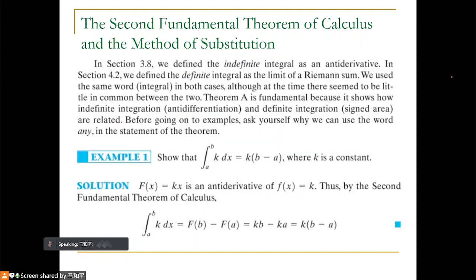Okay, and in section 3.8, we defined the indefinite integral as an antiderivative.